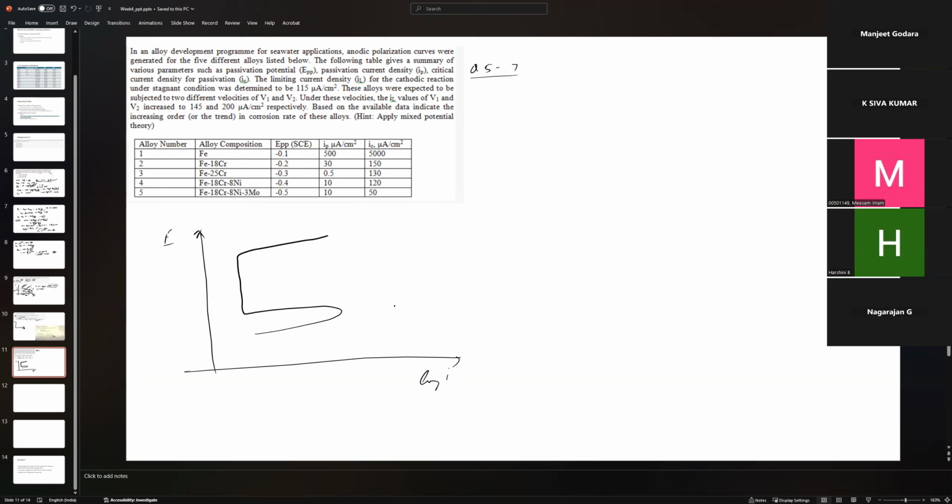Just mentioning all the things: this is our critical current density, IC. This is the passivation current density, IP. This is PP, the passivation potential.